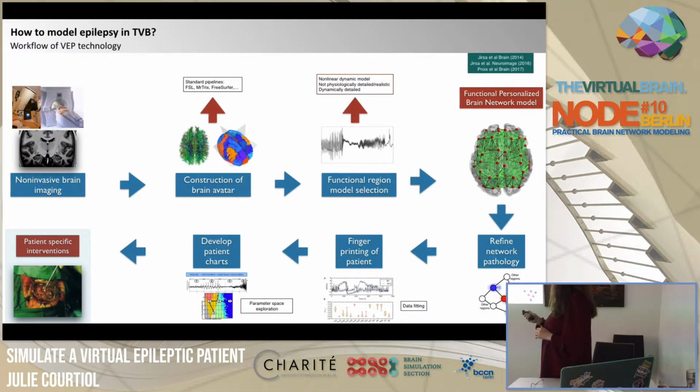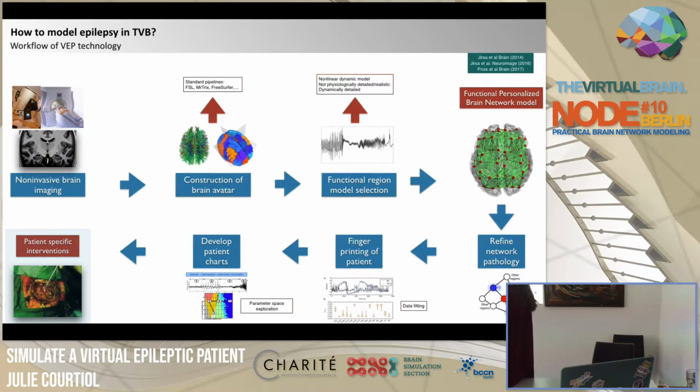Here is a standard workflow for the clinical applications. First, we get the imaging data of the patients, the structural data, MRI and DTI, to reconstruct the anatomy of the brain. And once we have this anatomy, as for TVB, we choose an appropriate model to reconstruct the functional activity of the brain. And then we have a personalized functional brain network.